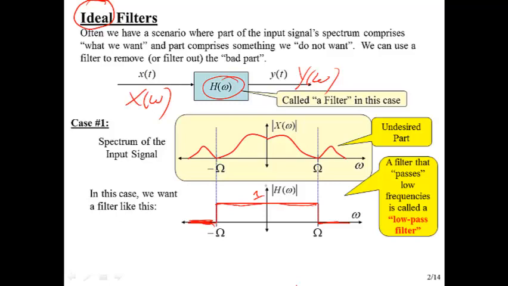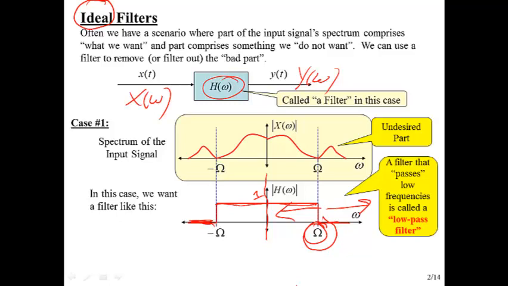And so what this does, if we think about this being high frequencies, these being low frequencies, this passes low frequencies below some cutoff frequency, capital omega. And I use capital omega here not intending to confuse you with discrete time frequency.